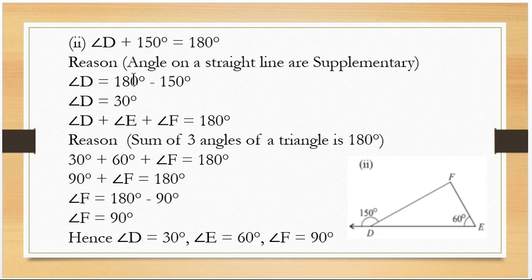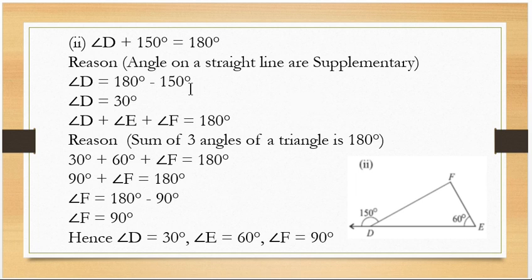Okay, when we add the inside angle D and the exterior angle 150, that will be equal to 180. The reason for this is because the angles on a straight line are supplementary. Supplementary means when we add two angles on a straight line, their sum will be equal to 180.